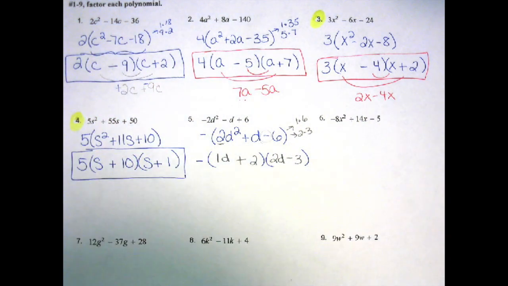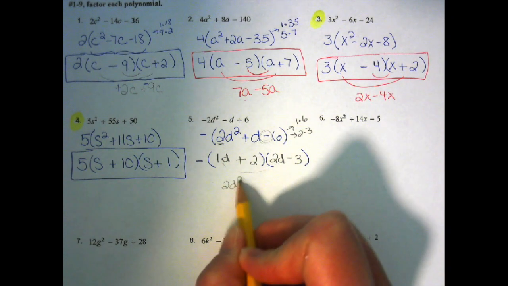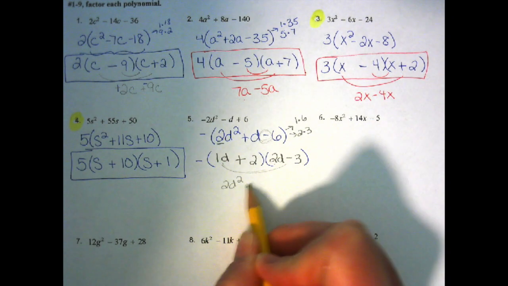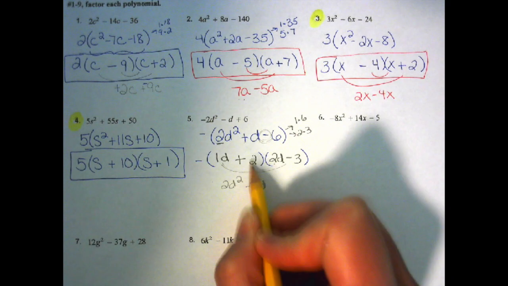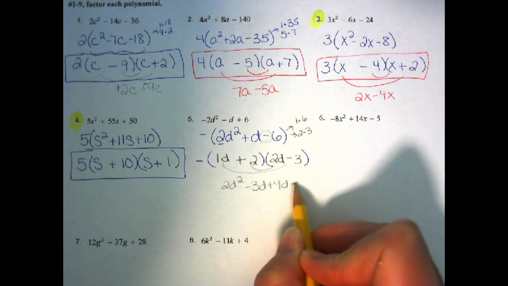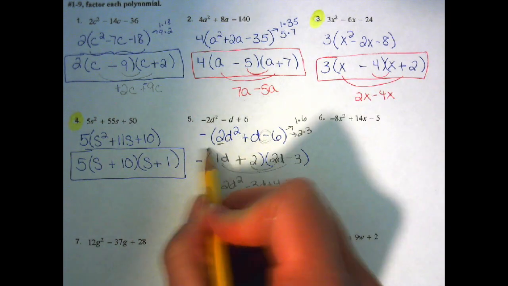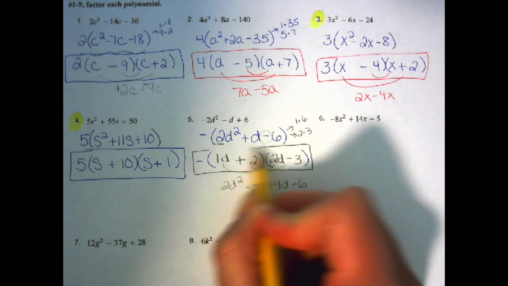Now let's quickly check that again. First, 2D squared, outer, negative 3, inner, 4D, and last, negative 6. Now notice that does give me the right symbol. So this is my answer.